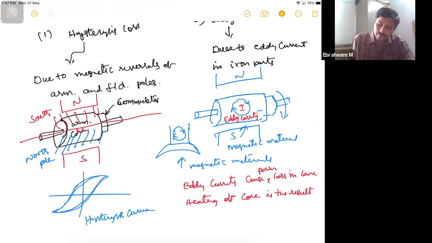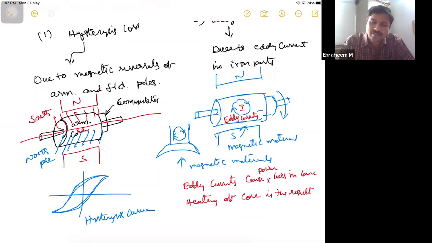Okay, nothing but the electrical energy is converted into heat here. That's it. Actually, we wanted mechanical energy converted into electrical energy, but after getting converted, part of the electrical energy is lost as eddy current loss, hysteresis loss, and copper loss.